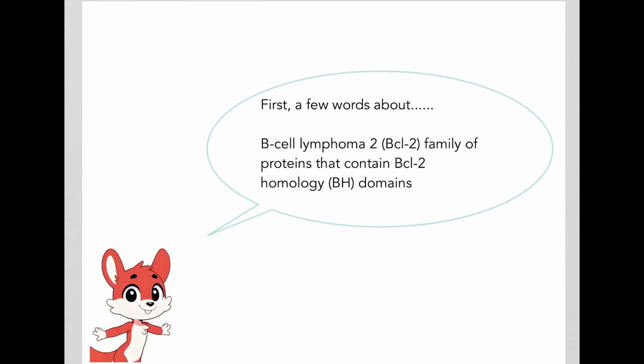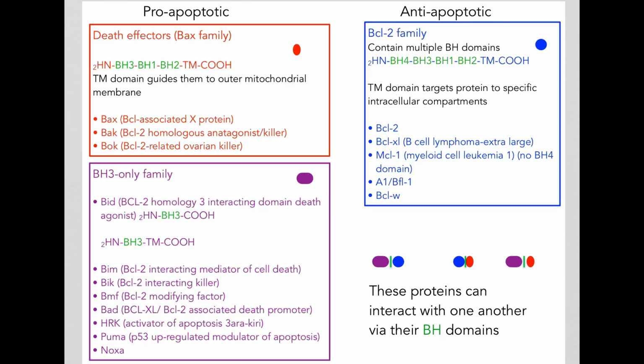Before we discuss the intrinsic apoptosis pathway, a few words about the B-cell lymphoma 2 or the BCL2 family of proteins, which contain a domain called the BH domain or the BCL2 homology domain. This family of proteins can be divided into those that promote apoptosis, or pro-apoptotic, as well as those that suppress apoptosis, or anti-apoptotic.